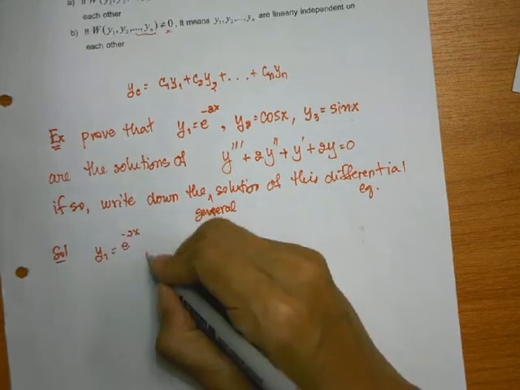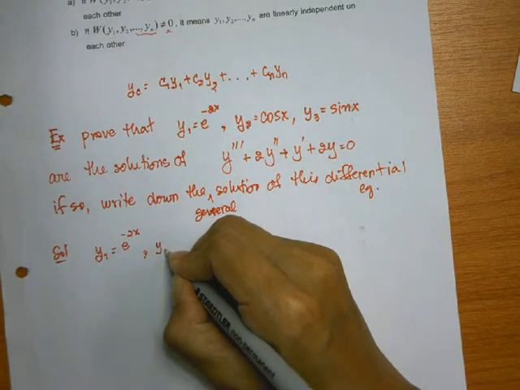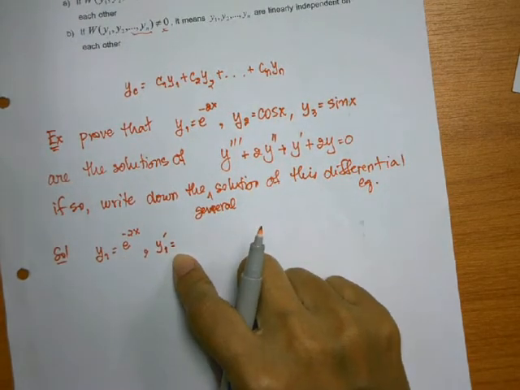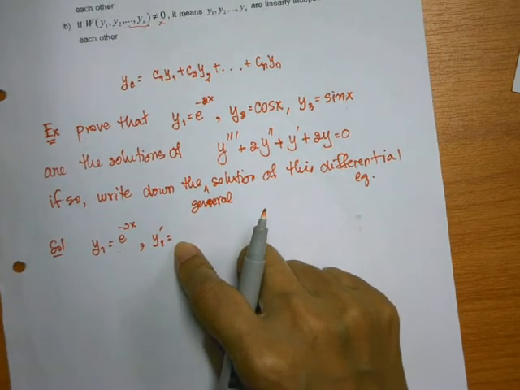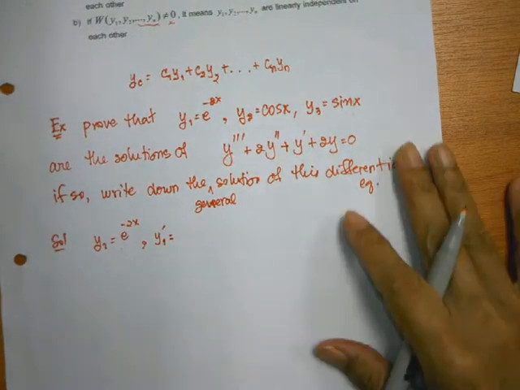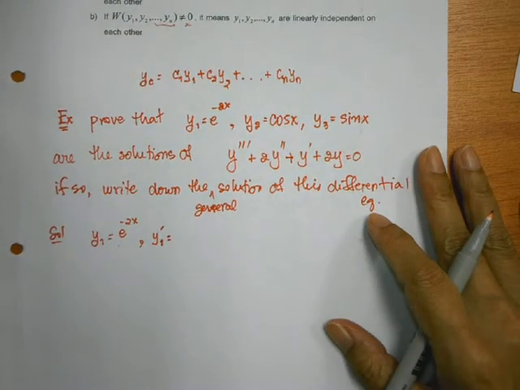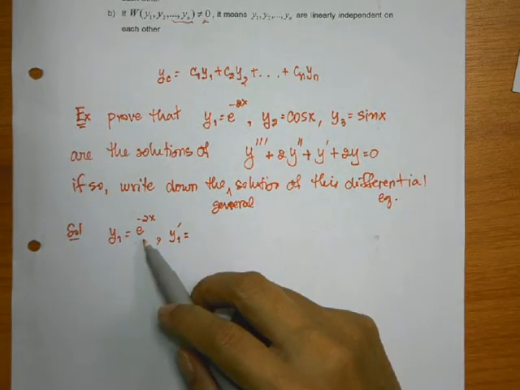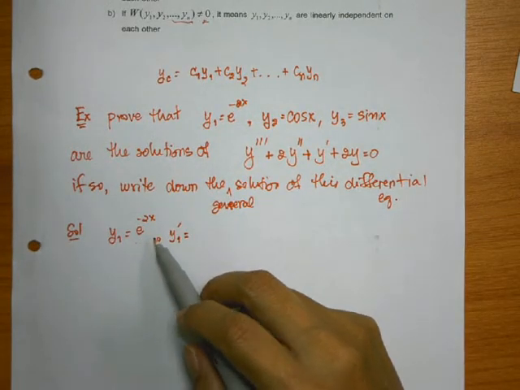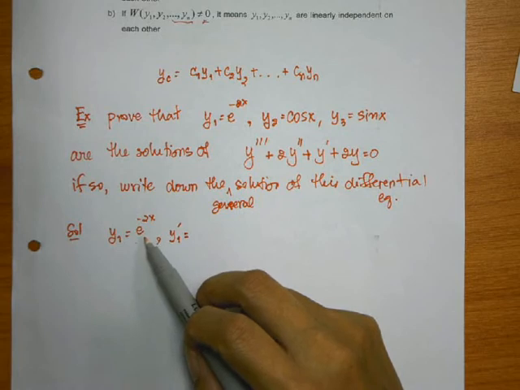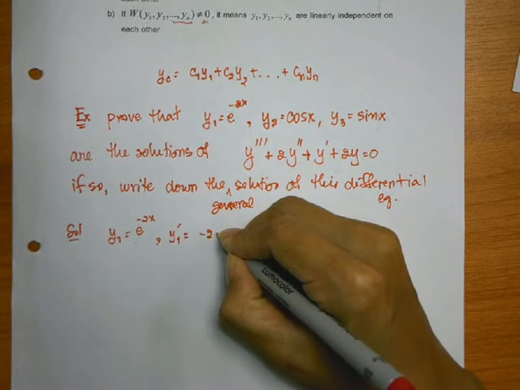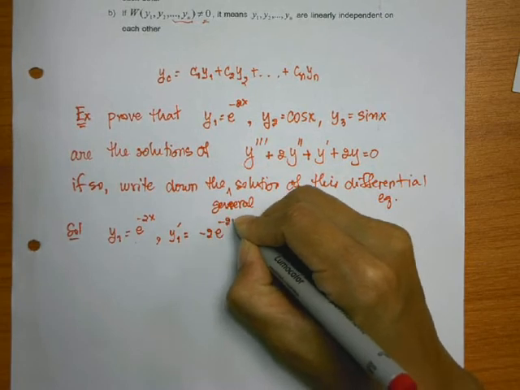Okay, so the first derivative of y1 equals what? Minus 2 times exponential of negative 2x.